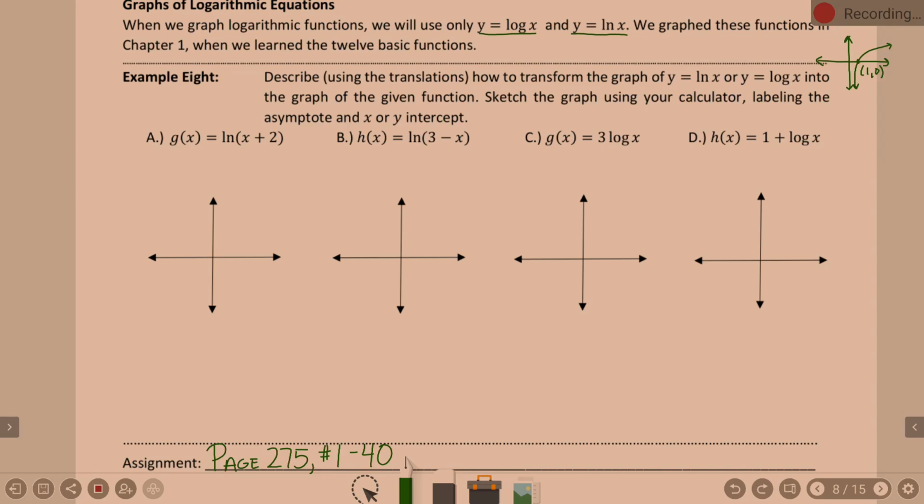Okay, so you'll notice I have my blue y1 as log x and my red y2 as natural log of x. That is not the same thing. It's the same graph with, essentially, a different vertical stretch. Okay? It's essentially the same vertical stretch.